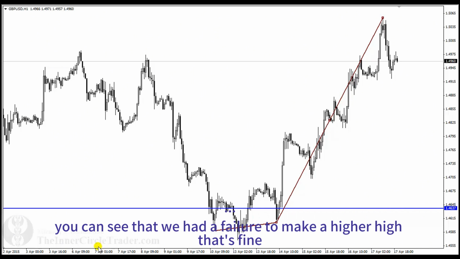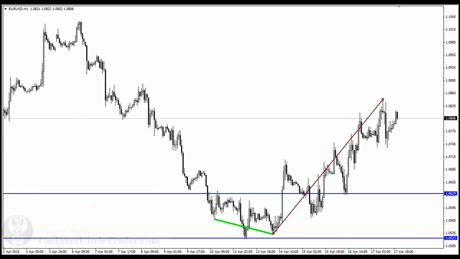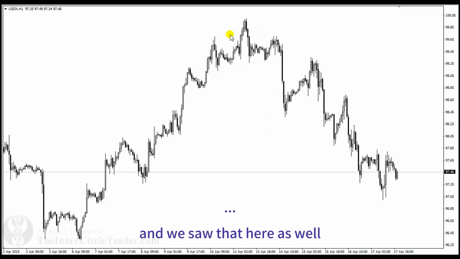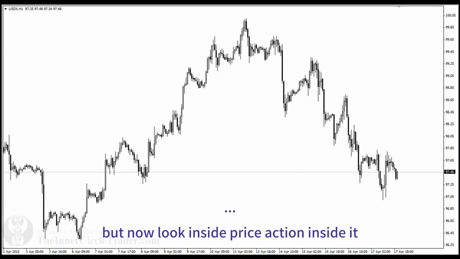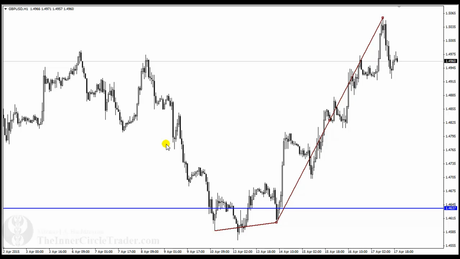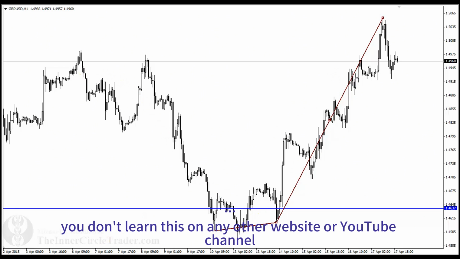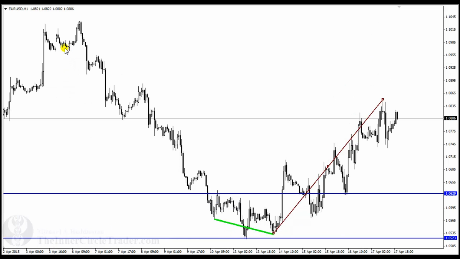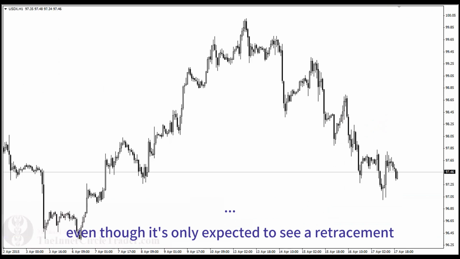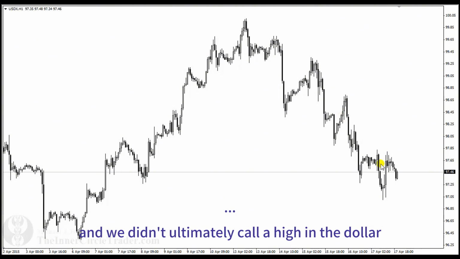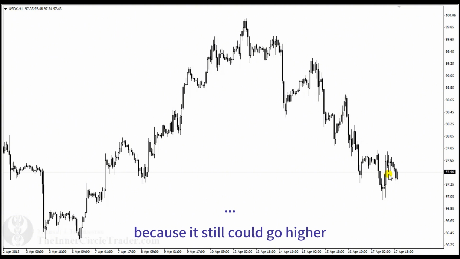Even though it's only expected to see a retracement, and we didn't ultimately call a high in the dollar because it still could go higher, the scenario that we see here is the buy profile, market maker buy profile or model here, and you see the market maker buy model here. You see the market maker sell model here in the dollar. See that? Pretty neat, isn't it?